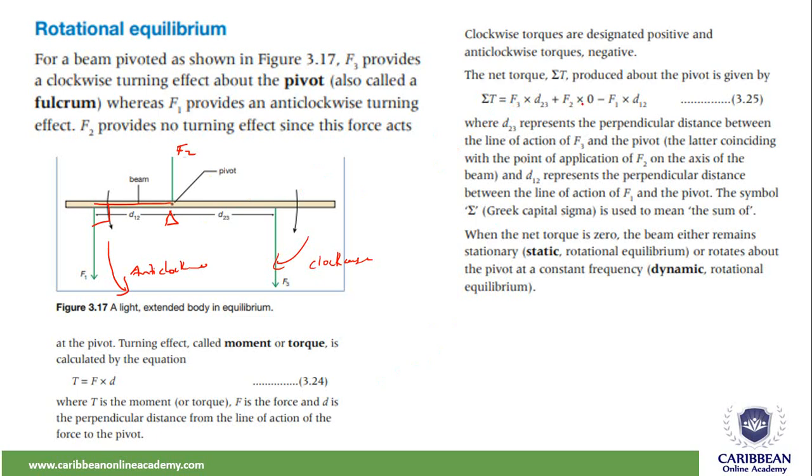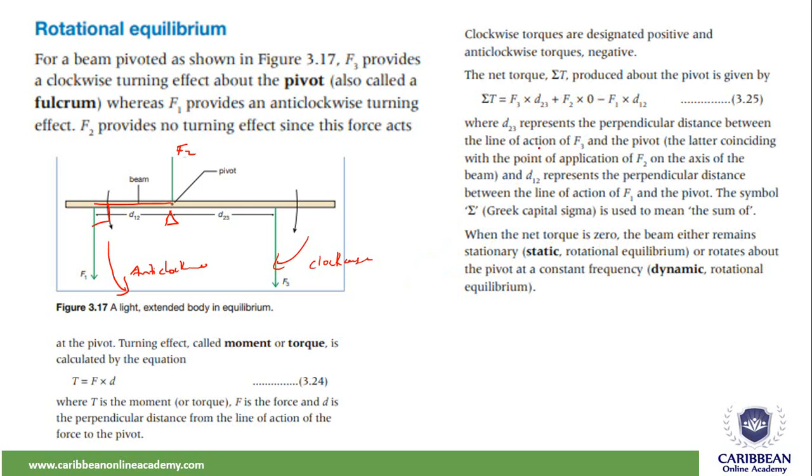F2, because it's at the pivot point, has no perpendicular distance, so that is equal to 0, minus the moment caused by F1, which, because it's anti-clockwise, we use a negative. So this is just finding the net torque, right? But when the net torque is equal to 0, it tells us that the beam is stationary.